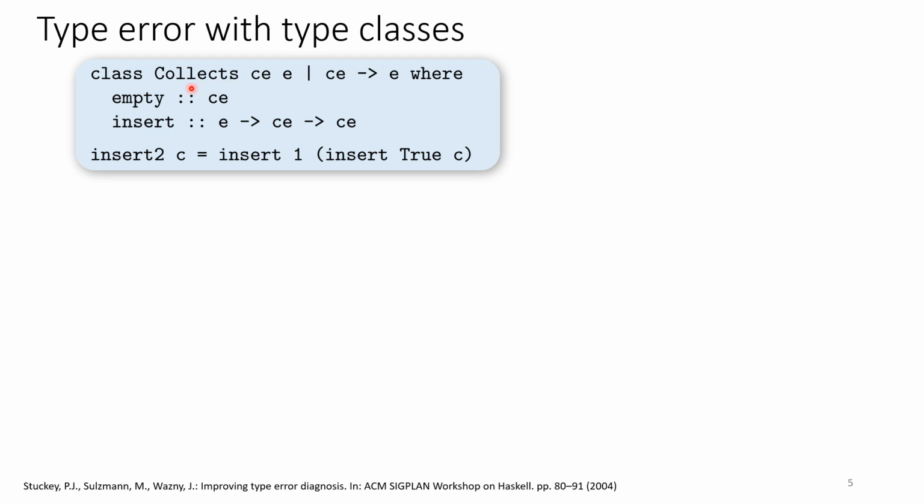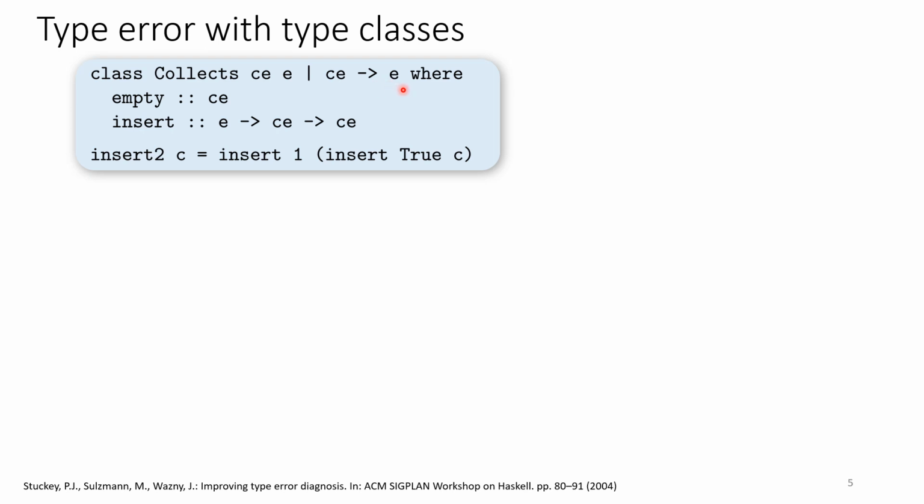Our second example is this type class definition Collects, which is parameterized over 2 types. CE denotes the type of the collection, and E denotes the type of the element. The functional dependency here says that the type of the collection determines the type of the element.